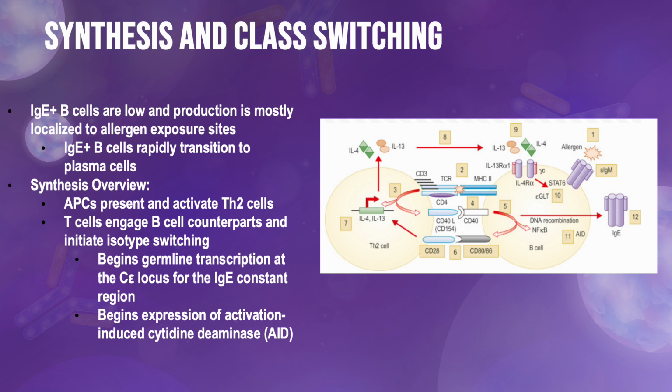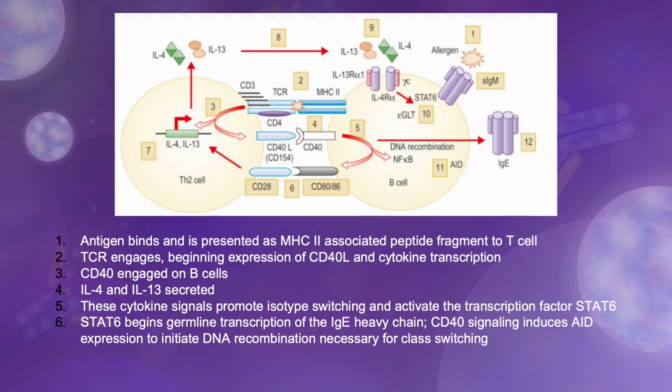Let's dive into this image and go over some key steps. If I had to distill this complicated image into just a few steps, the first thing is the antigen binding, which is processed into a peptide and presented on an MHC class 2 molecule to a T cell. The T cell receptor, or TCR, is going to engage.